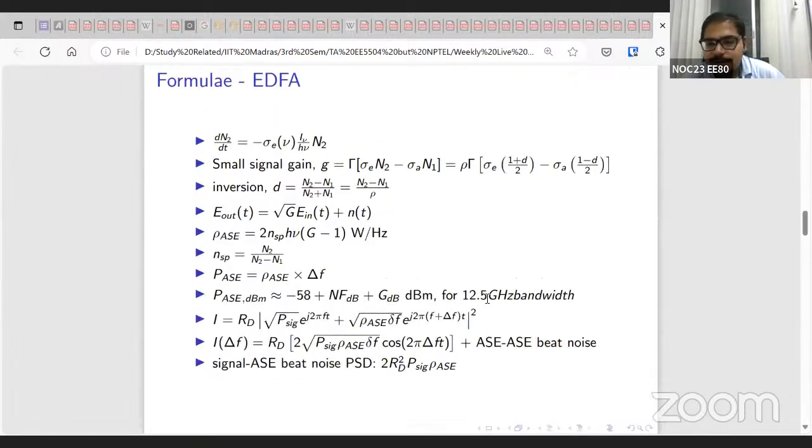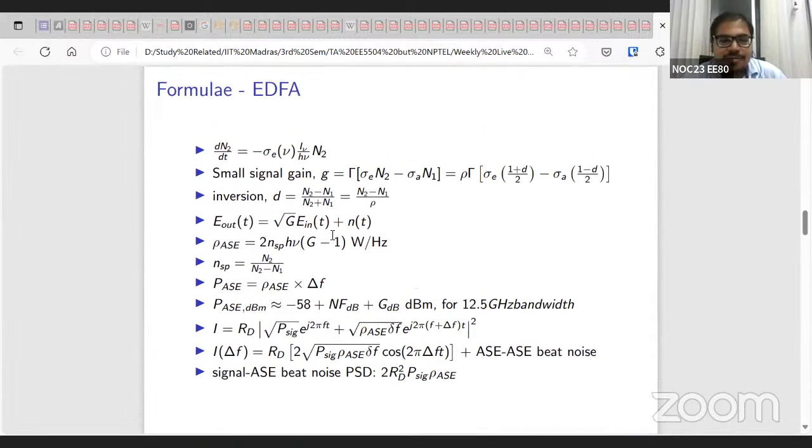Then the EDFA equations, which are similar to lasers also, and this is the emission cross section. Then small signal gain will be defined something like this.